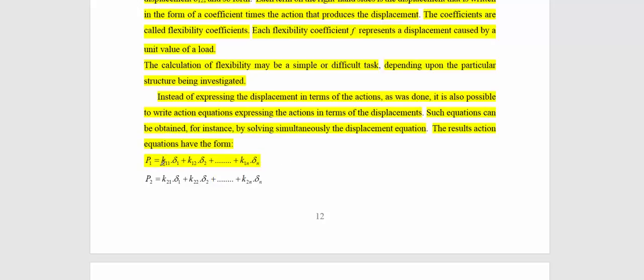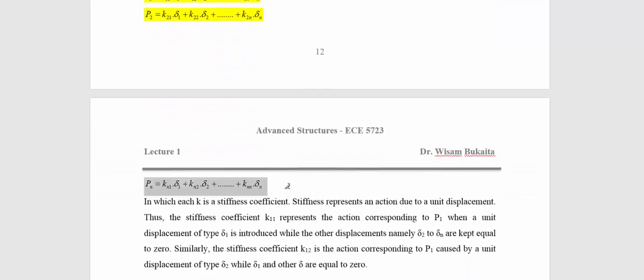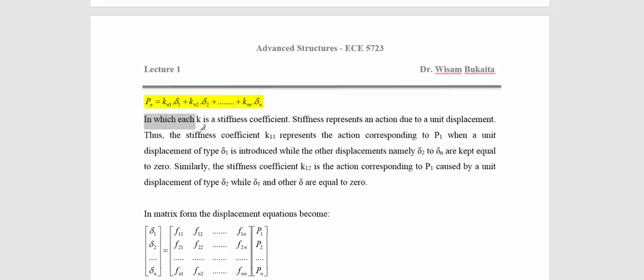That is, force equals stiffness times deformation. The summation of stiffness times deformation equals P1 at load 1. The same thing for P2 and Pn, in which K is a stiffness coefficient.